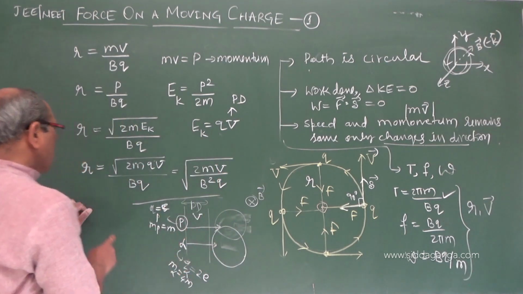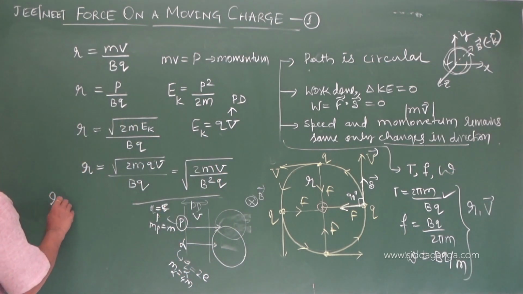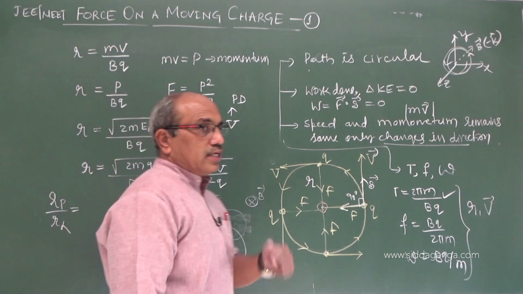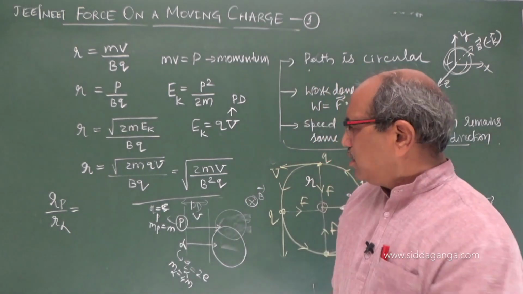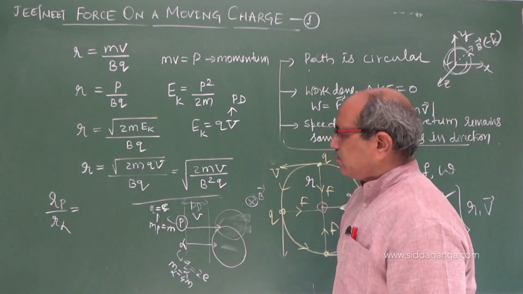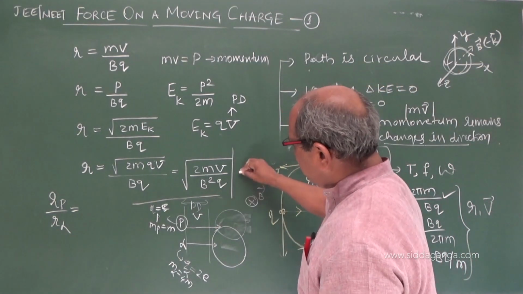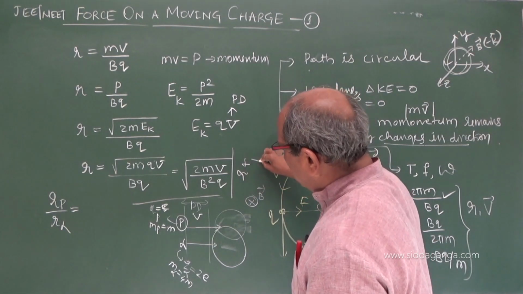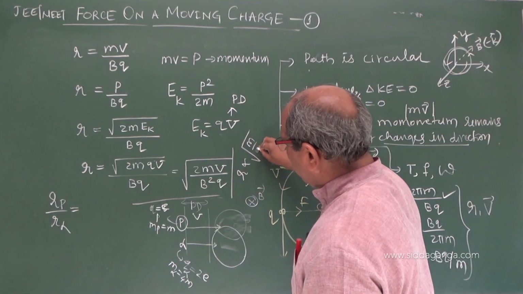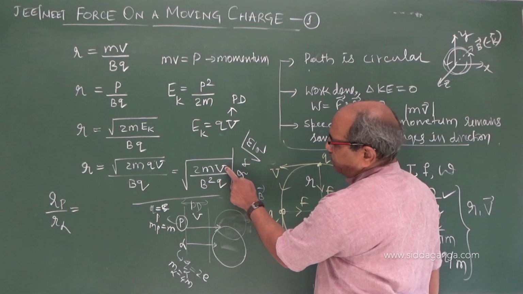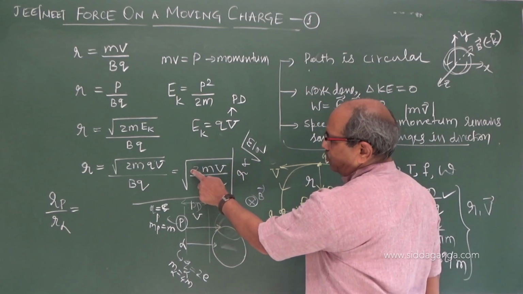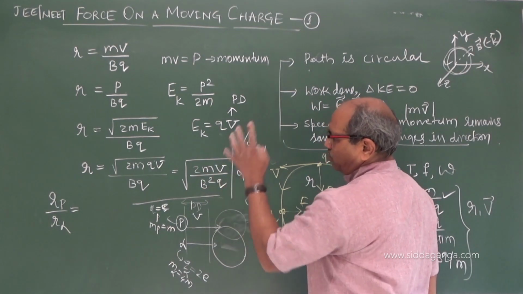The question is to compare the radius of the circle described by the proton to that of the alpha particle. Looking at this equation, R clearly depends on root of m by q, because the potential difference is the same, the magnetic field is the same, and the 2 is common. Only m and q can change.